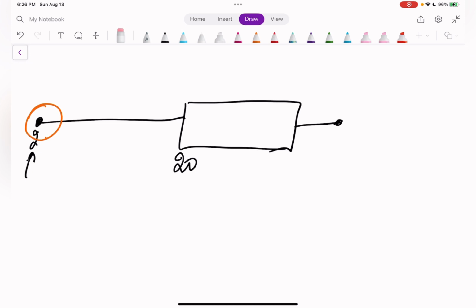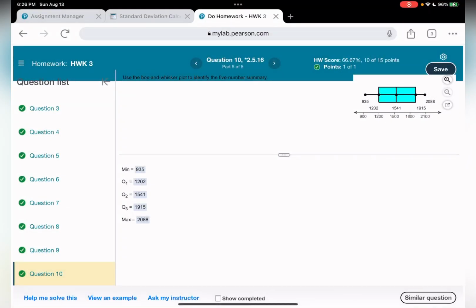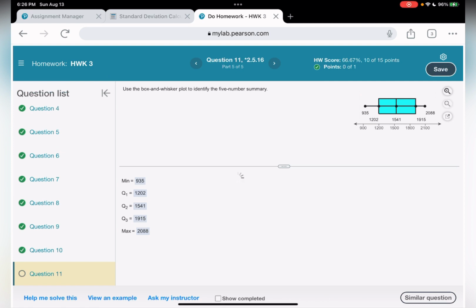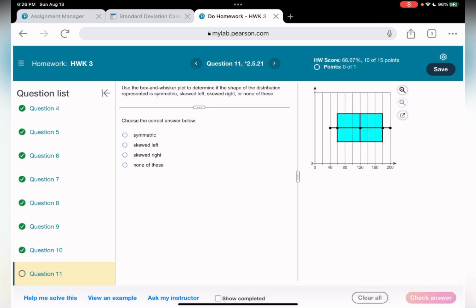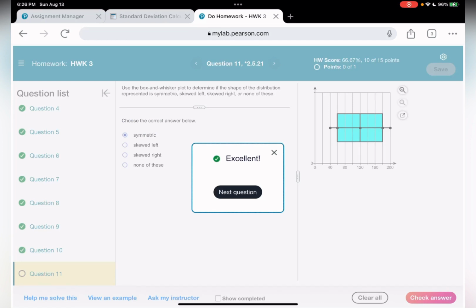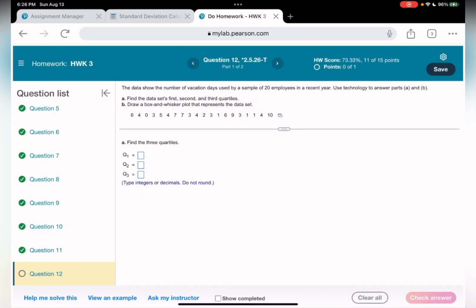Okay? All right. Next question, number 11. What do we have here? A beautiful symmetric box plot. Excellent. Moving to the next one.